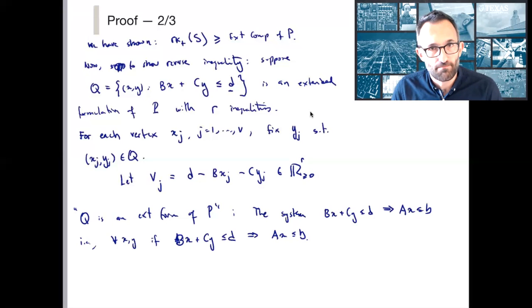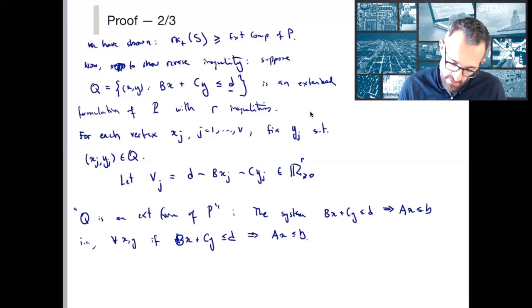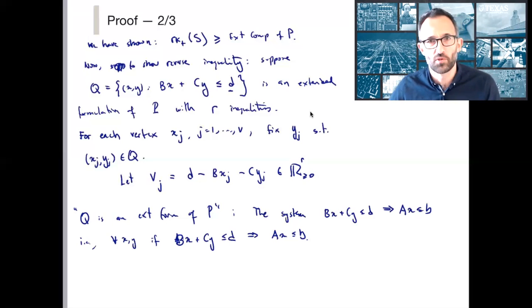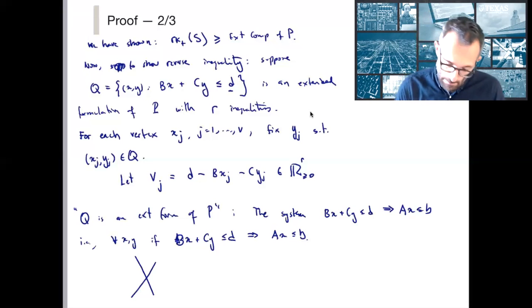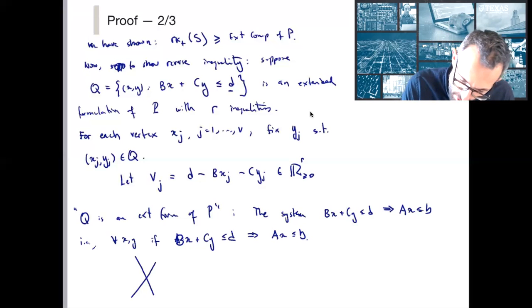Now, let me give you an example of this, a picture, so that we can have in mind the geometry of what's about to happen, because we're going to use some machinery from duality that maybe obscures the geometry. Let's look at two inequalities and then a third inequality, which I'll write in a different color.